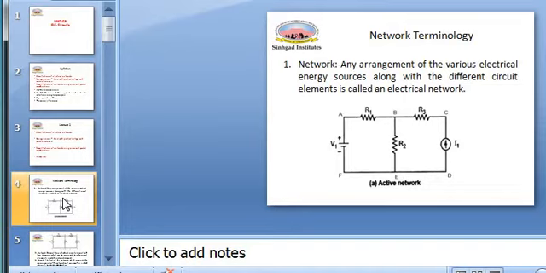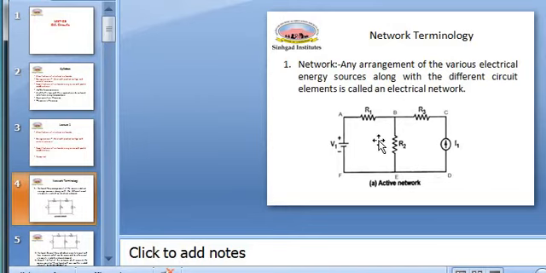This is called an electrical network. You can see here an example of an electrical network. There are various elements: resistance 1, 2, 3, voltage source, current source. All of them are connected in a fashion making a closed loop. Such a combination is called a network.